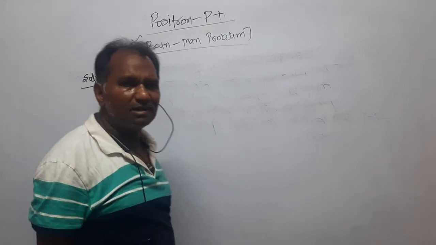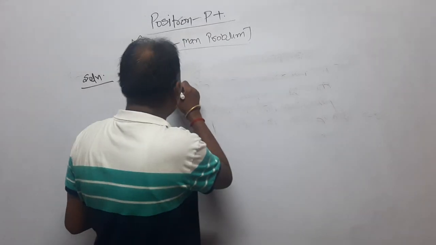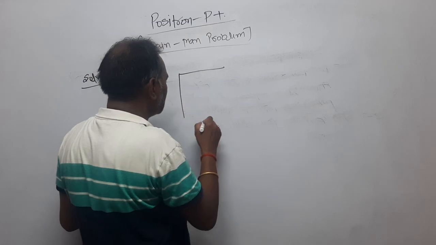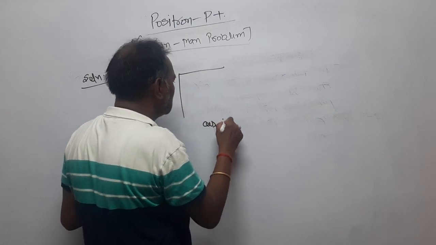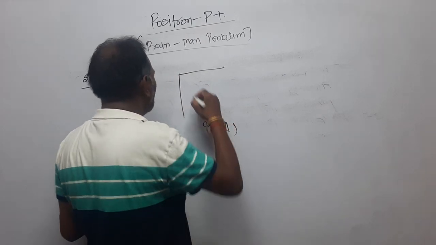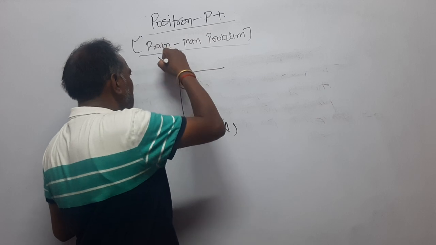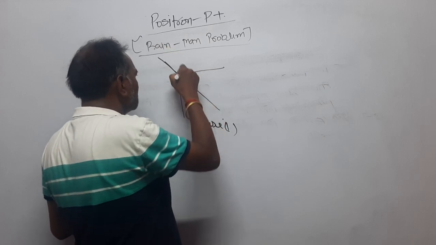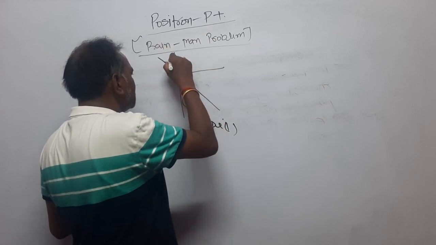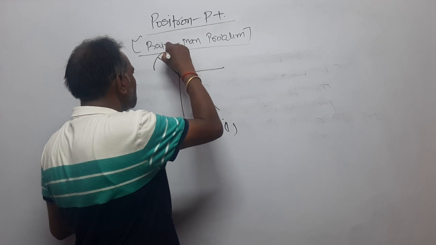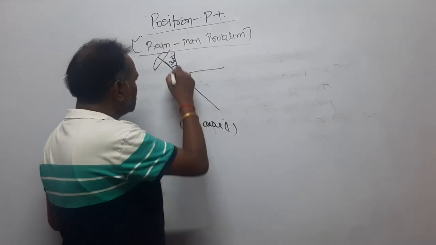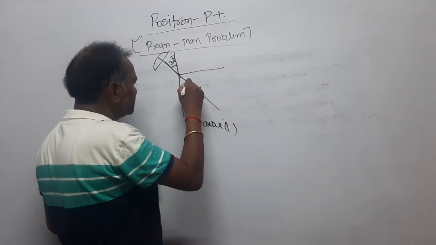First case: he is standing. This is case 1. He has to keep his umbrella at 30 degrees from the vertical. This is his umbrella, so this angle is 30 degrees.